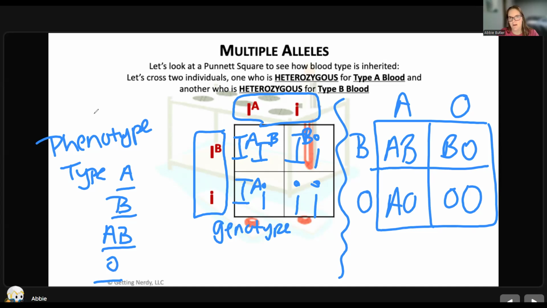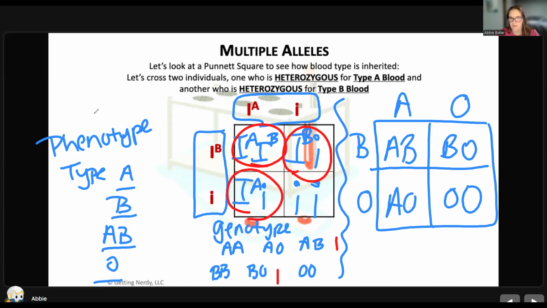Some people like to write them all out, so they would have AA, AO, AB, BB, BO, OO. Put this one as an AB. We have a BO, an AO, and OO. We get the same thing for that square.